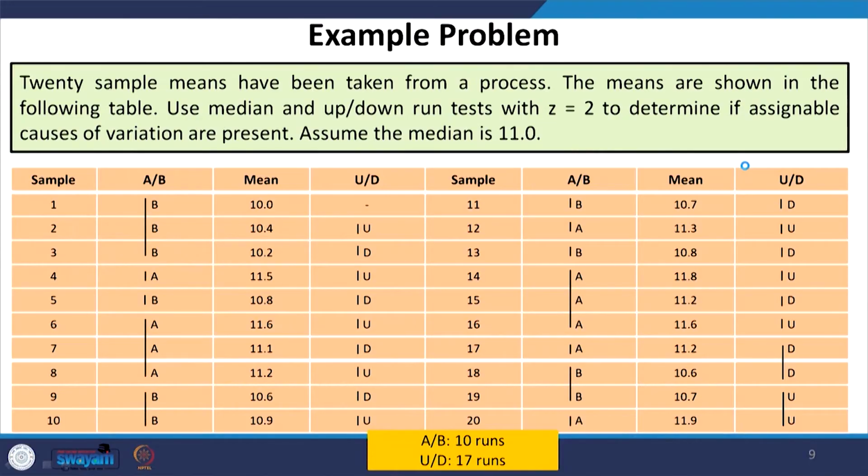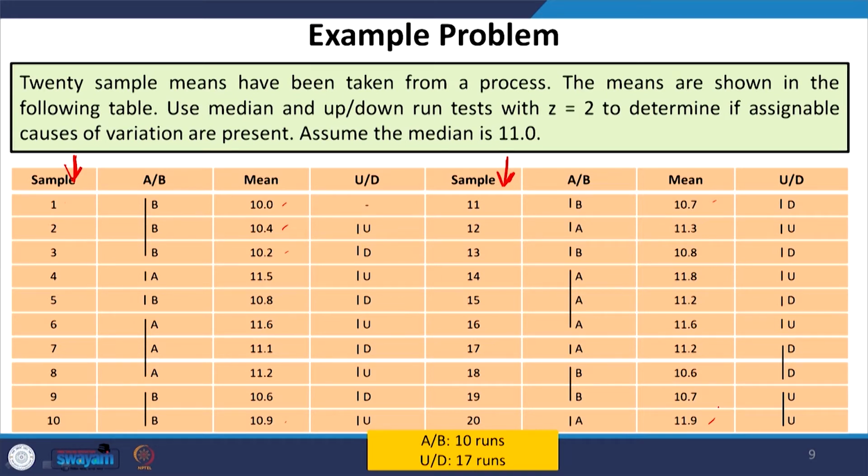Now, let us apply this on some numerical data, and for that purpose we have data of 20 sample means. These are the different samples, 1 to 10 and 11 to 20. In that sample the values are 10, 10.4, like that, up to 10.7 and 11.9.